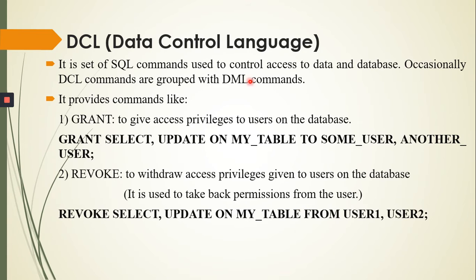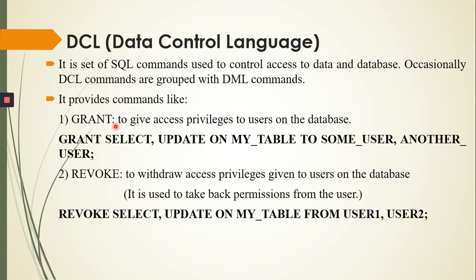The grant command is used with the DML commands. The syntax is grant select or update; we can use any statement according to our conditions, on my table, to some user or other users. Suppose there are 5 users, so different users get different permissions according to their responsibilities.